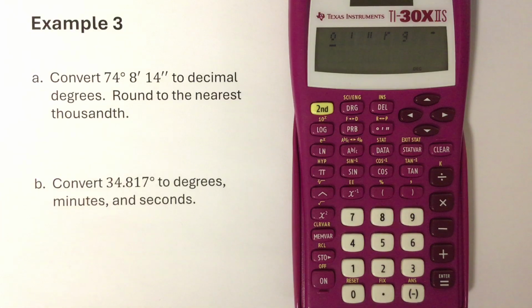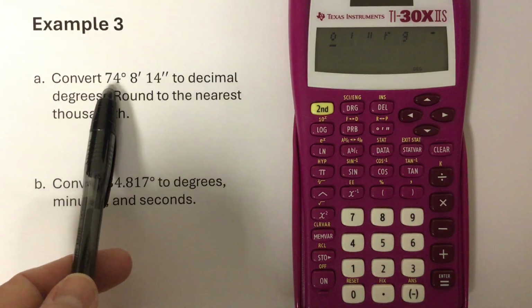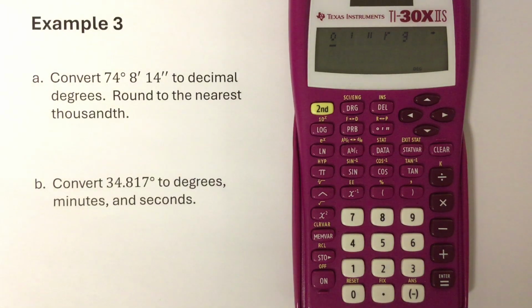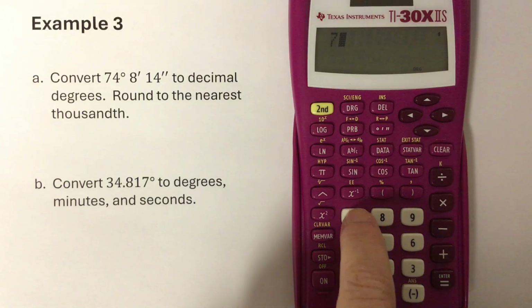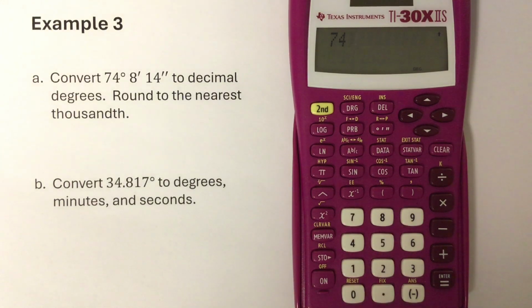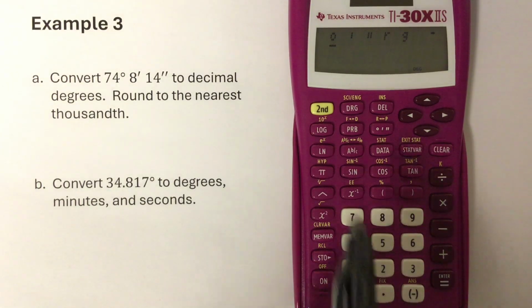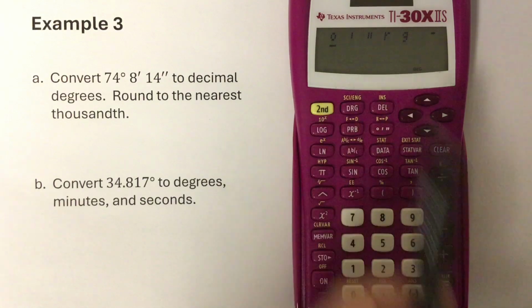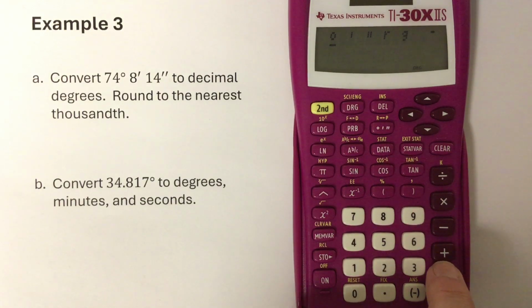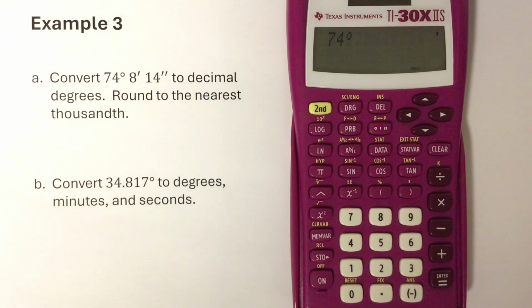Okay, so now what we're going to do is enter 74 degrees, 8 minutes, and 14 seconds into our calculator. So let me get back to a clear screen, and we'll enter 74. Now I need to tell the calculator that the 74 is degrees. So I'm going to hit the degrees, minutes, seconds button. Notice that the degree indicator is already underlined, so now I press equal, and you can see the screen displays 74 degrees.